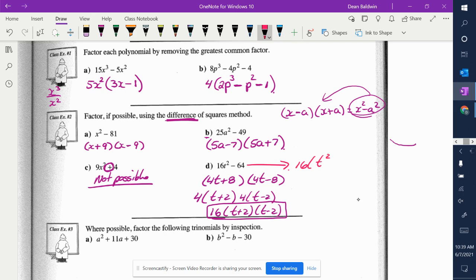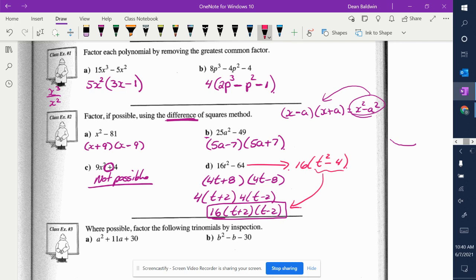So then I'm left with t squared minus 4. And then this is a difference of squares, which gives you t plus 2, t minus 2. All right.